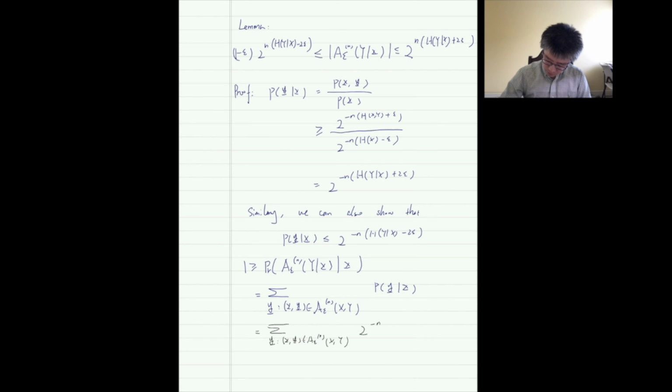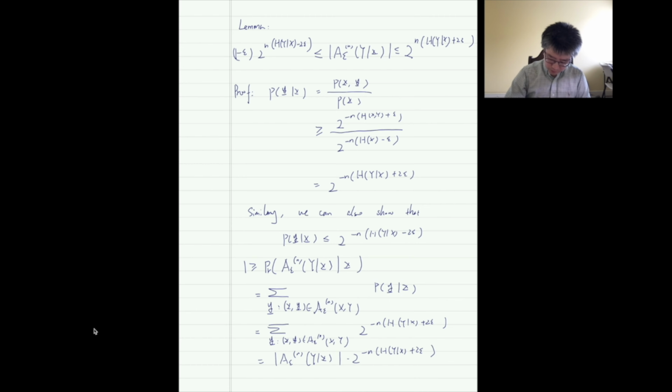So that is at least 2 to the negative n H(Y given X) plus 2 epsilon. And the rest is routine. This is not a function of y anymore, therefore we just take the cardinality out. That equals the cardinality of this set, y given x, because that's basically the definition of this, multiplied by 2 to the negative n H(Y given X) plus 2 epsilon.